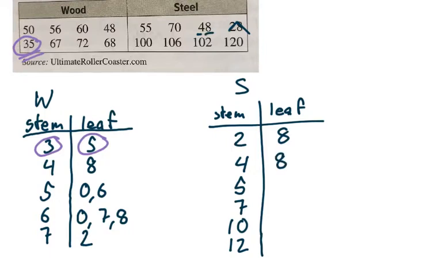So that is 48. That's how we would read that. 55, 70, and then we have 100, 102, 106, okay? So that's how we would express that. And then finally 120.